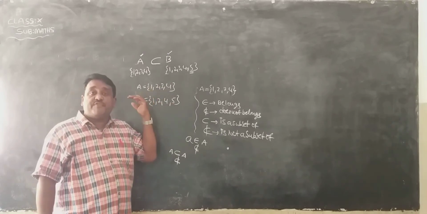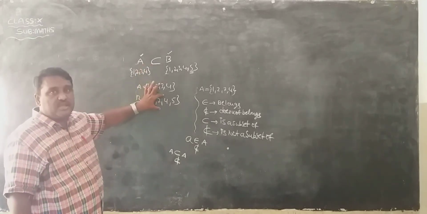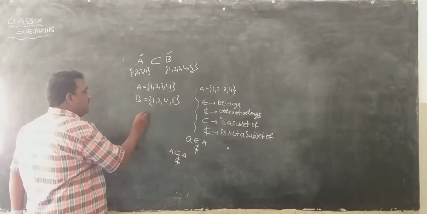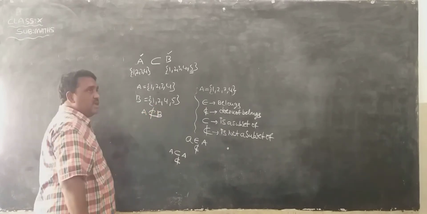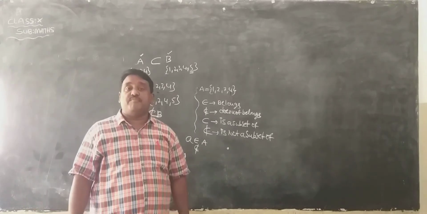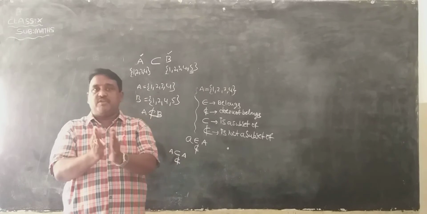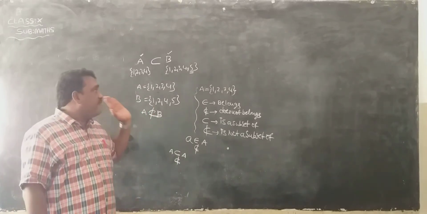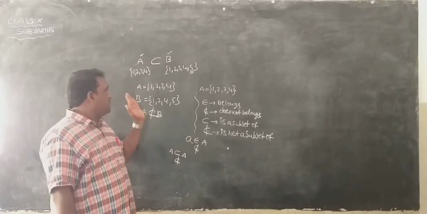All the elements of A are not in B. Here there is no 3, so 3 is missing. So what do we say? A is not a subset of B. So observe, when we write subset and when we write not a subset: if all the elements of A are in B, then we write A subset B.